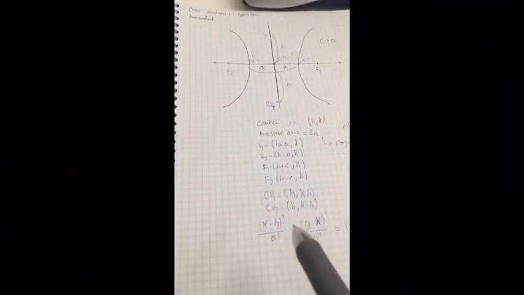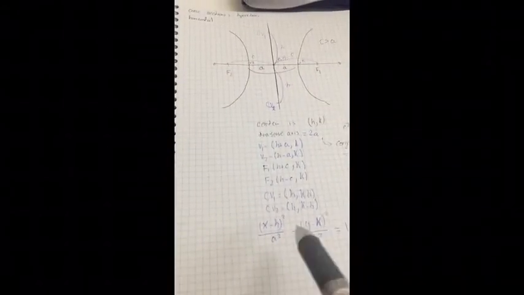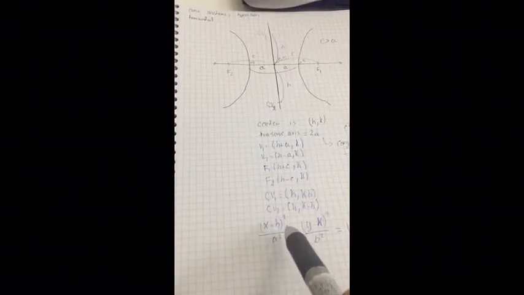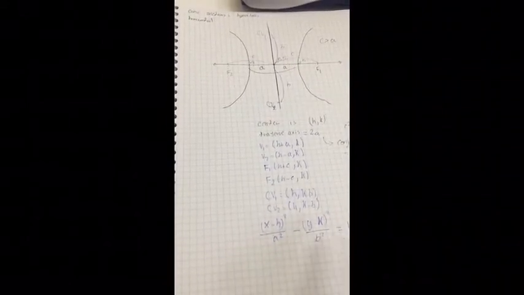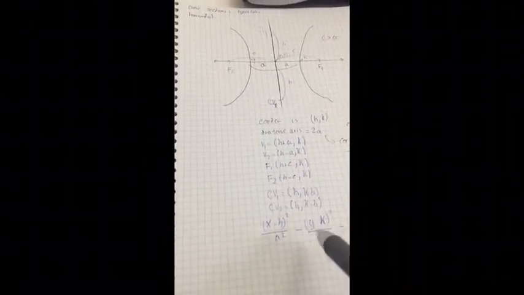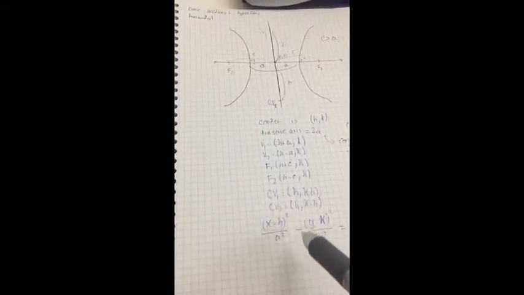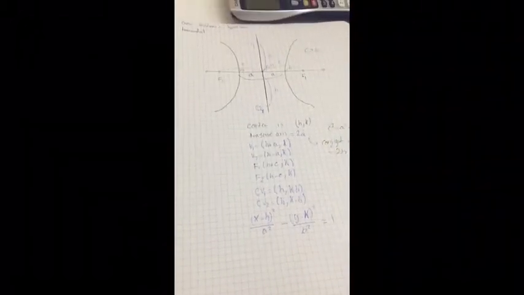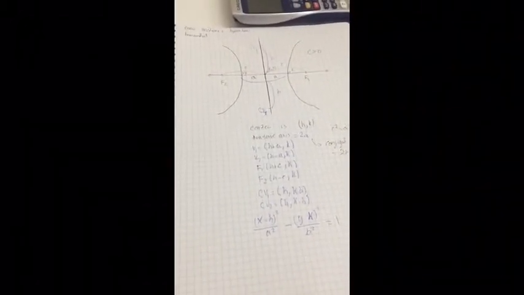As it is a horizontal hyperbola, a squared will be under the x minus h squared, and b squared will be under the y minus k squared. And there is always a negative sign. If it is not a negative sign, it is not a hyperbola.